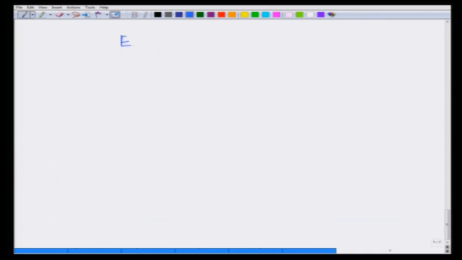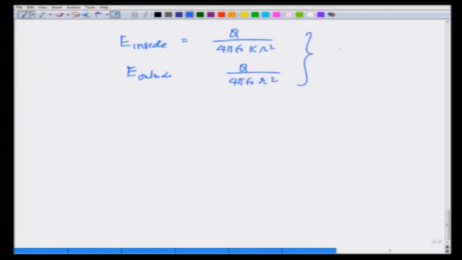So E inside is q over 4 pi epsilon 0 k r square, and E outside is q over 4 pi epsilon 0 r square in the radial direction. So, notice there is a sudden change in the electric field magnitude as you cross the surface, and that is because there is a surface charge.